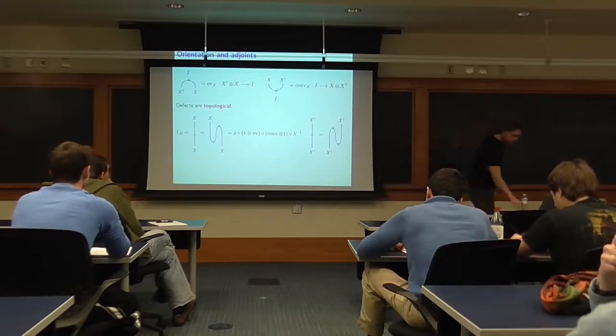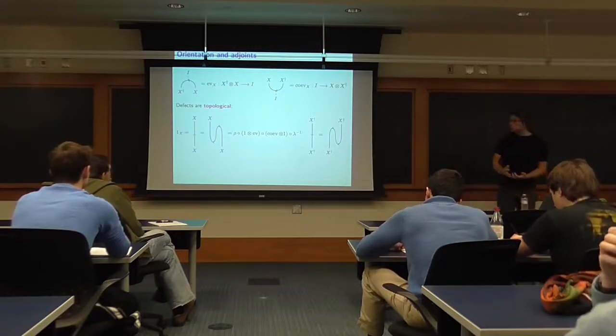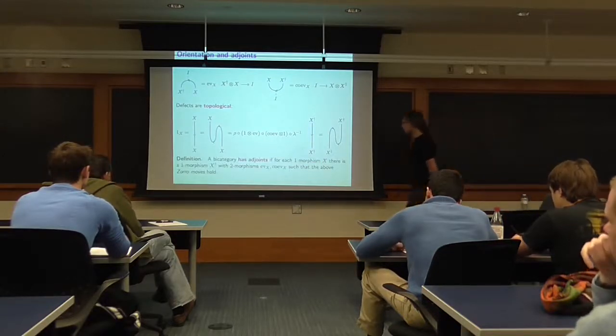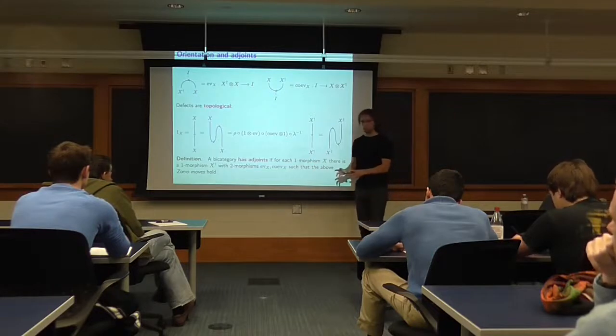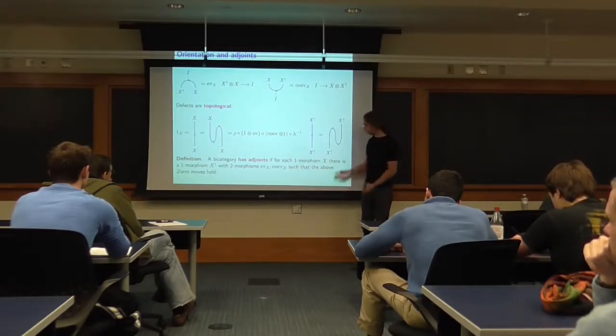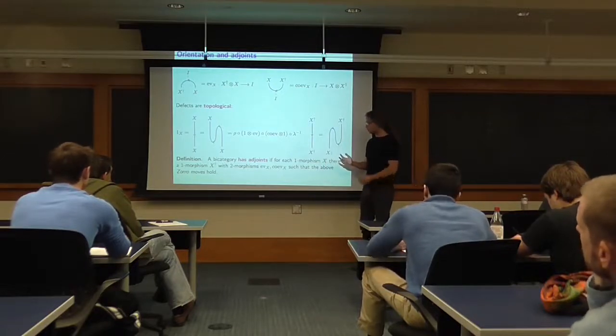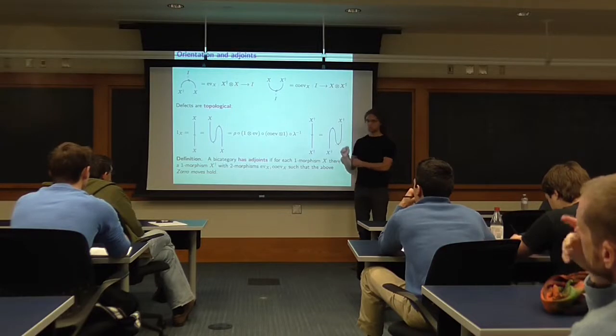Now, if the evaluation and co-evaluation maps between X and X dagger for all X satisfy this property, then one says that this bicategory has adjoints, because for every one-morphism or defect X, there exists another one-morphism or defect X dagger in the opposite direction.